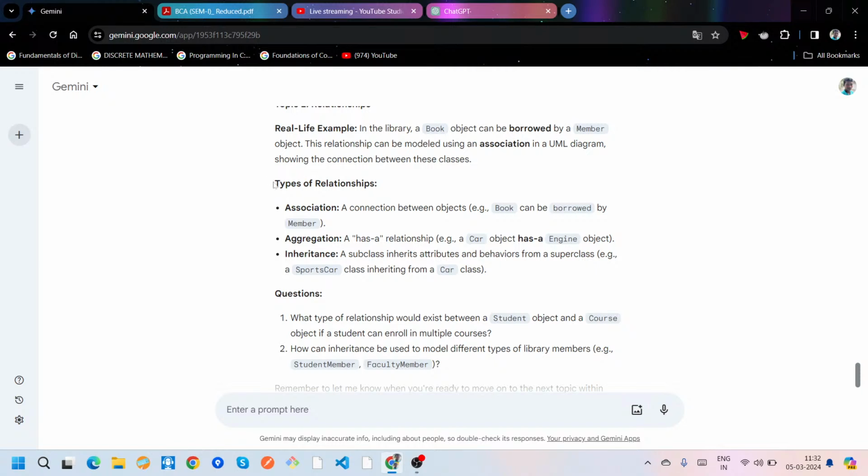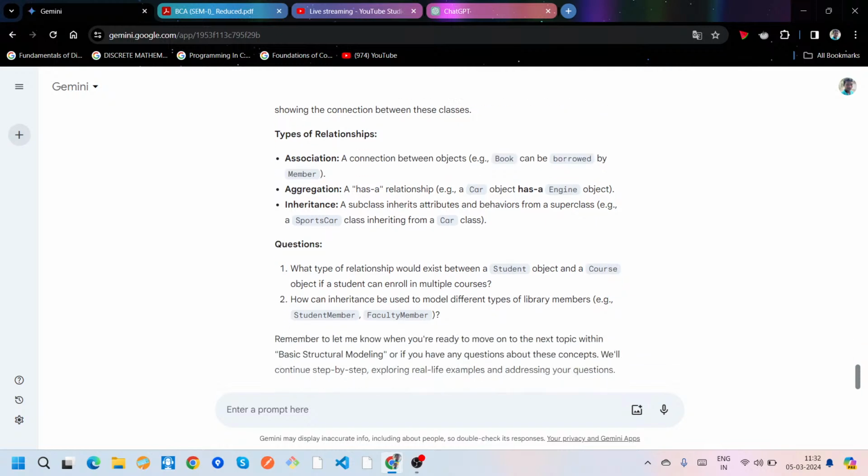Then, types of relationships. Association: a connection between objects, for example a book can be borrowed by a member. Then aggregation means a has-a relationship, for example a car object has an engine object.